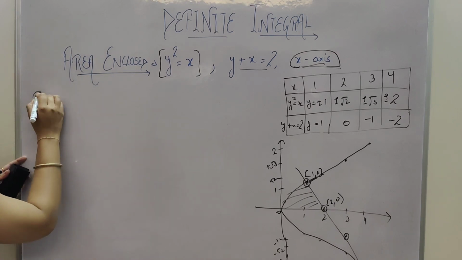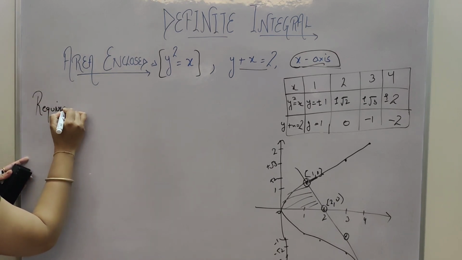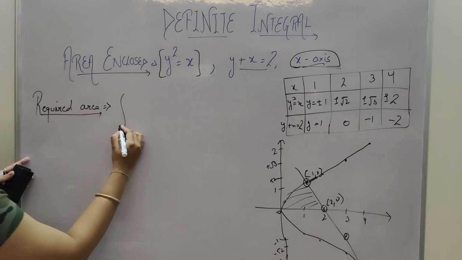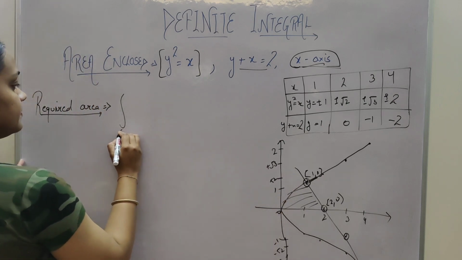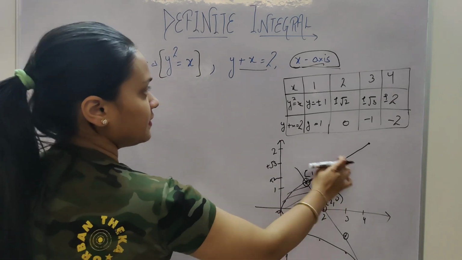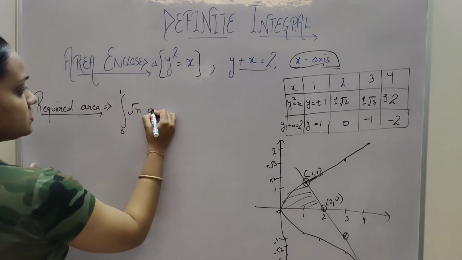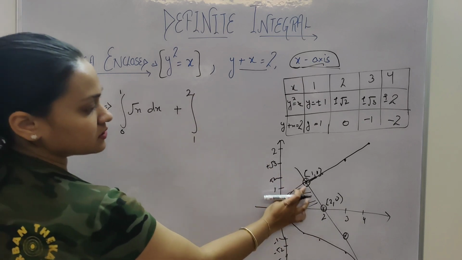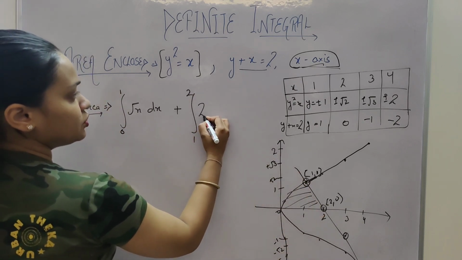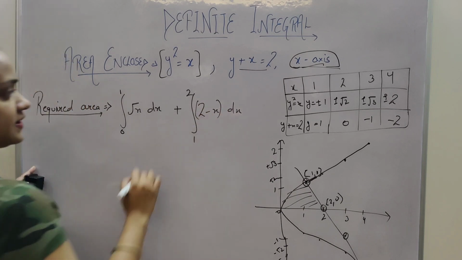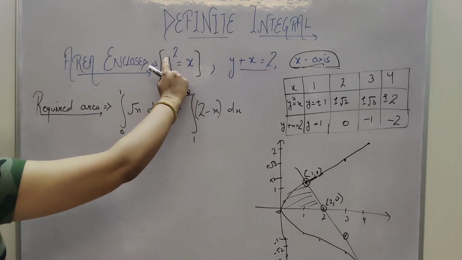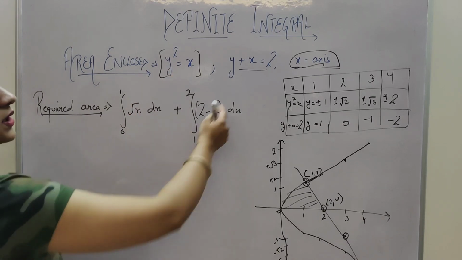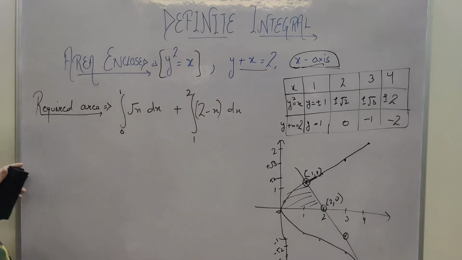So required area is equal to the integral from 0 to 1. This is a parabola, here comes root x dx, plus from 1 to 2 here comes the part of the line, which is 2 minus x dx. Clearly, the square has come, square root, and y is equal to 2 minus x dx.